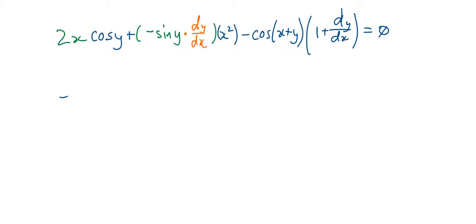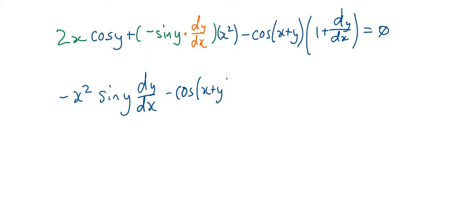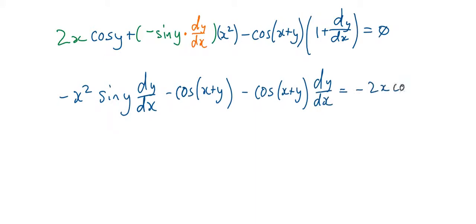So I've got negative x squared sine y dy by dx minus cos x plus y dy by dx equals negative 2x cos y. This term right here is that times 1.